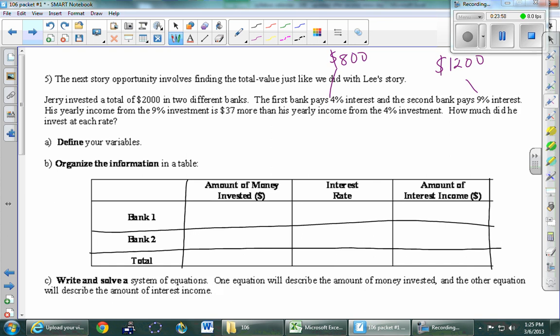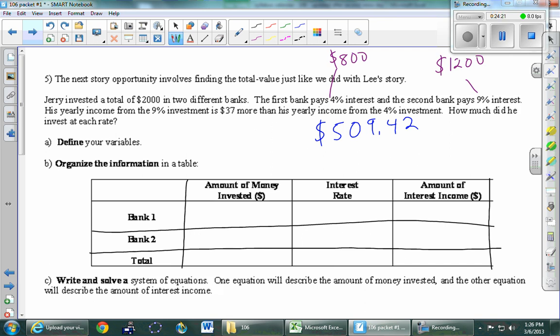We could find how much we got at 8%. We could cross our fingers, hope and pray that the difference is $37. But this is really a laborious process to do, right? And what if the correct answer is actually $509.42 at the inexpensive one? It would take me a long time to get to that, right? It would take a long time.